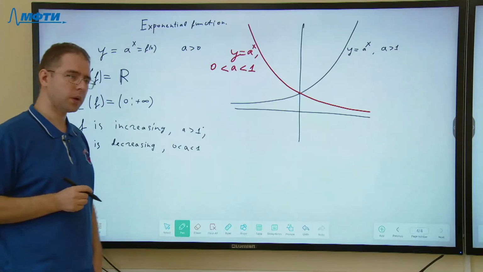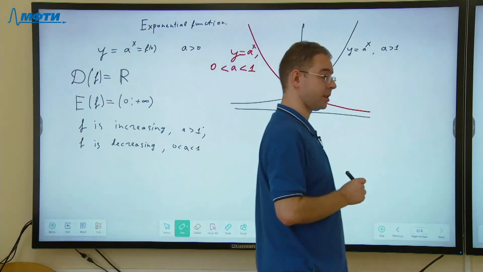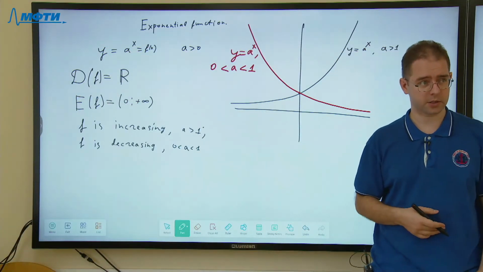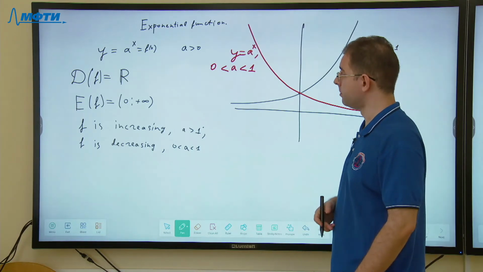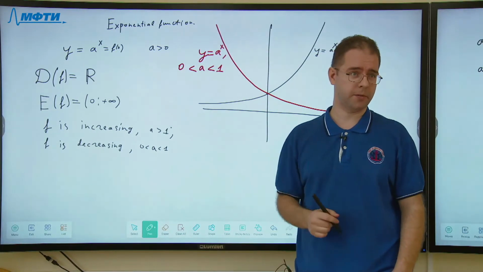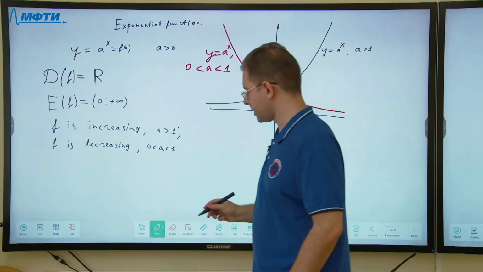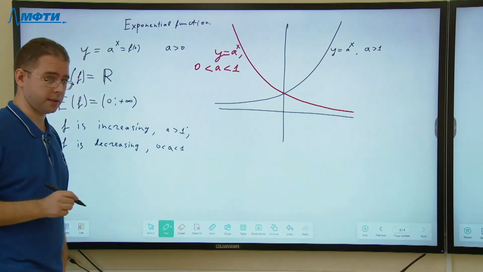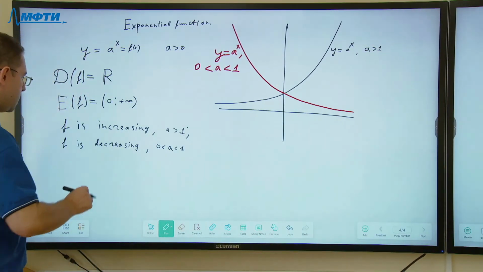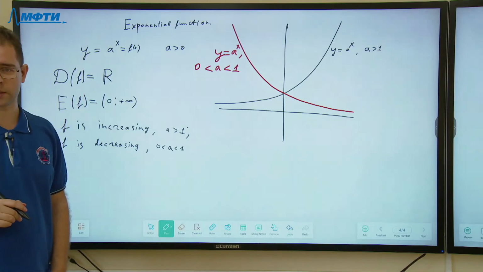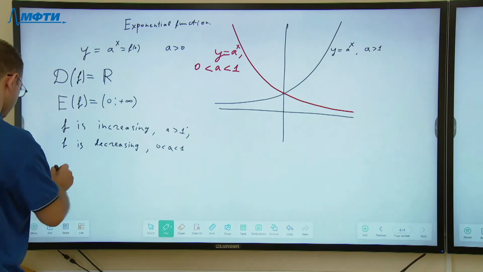Now, there will be a special case about the exponential function. There is the best a for this function. There is a number. We will discuss it thoroughly later, and we'll explain why this is such a good number.